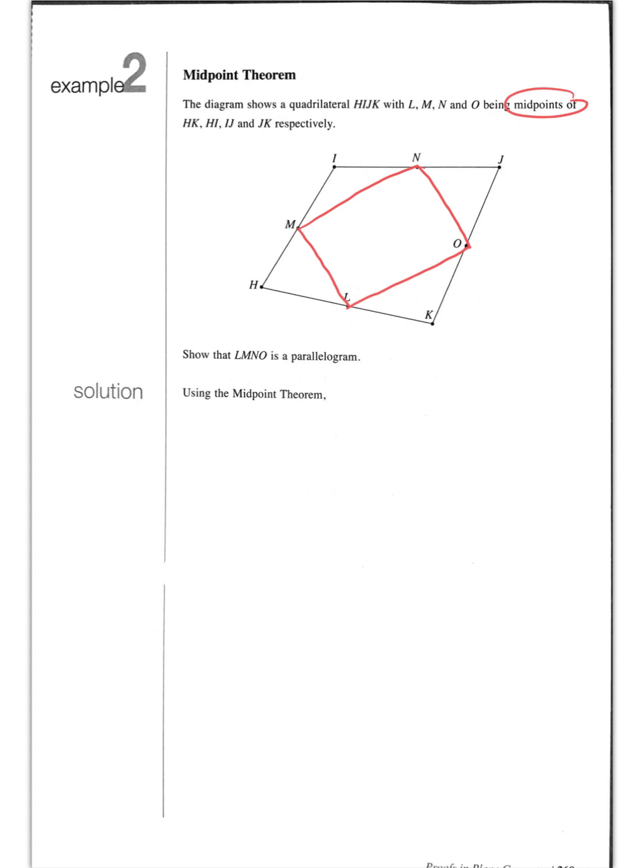So in order for you to prove that it is a parallelogram, you need to prove that the opposite sides are equal and parallel. That's all. Okay, so in this case, using midpoint theorem, MN is equal to half HJ. Right, MN is equal to half of HJ. Why is that so?